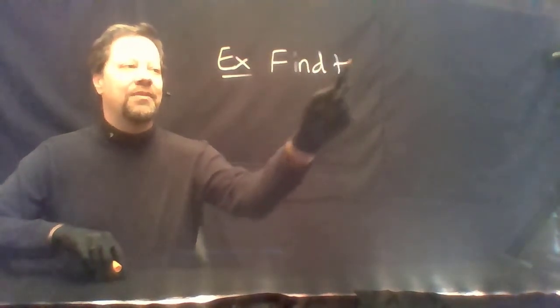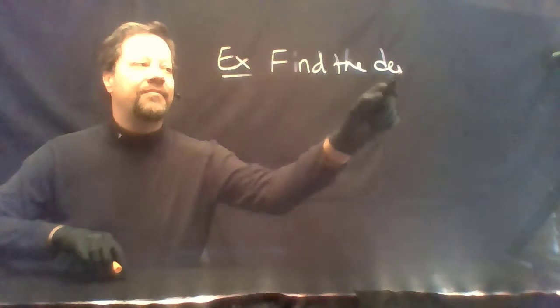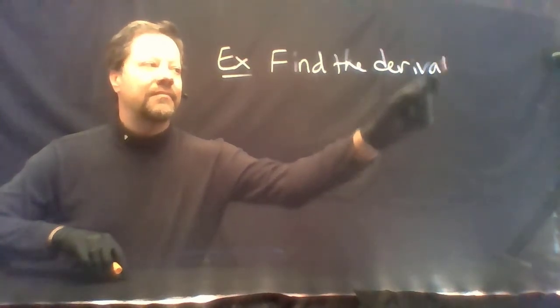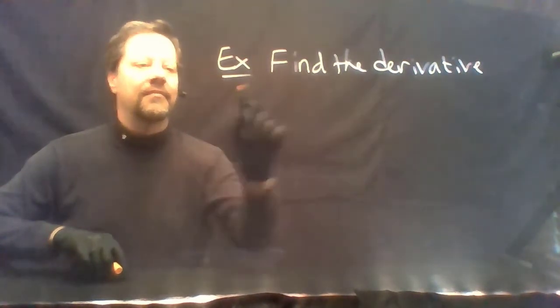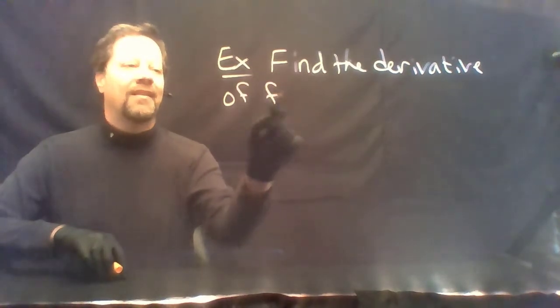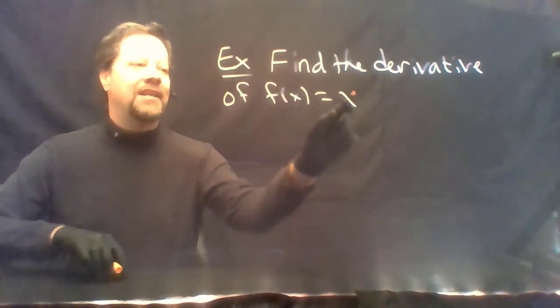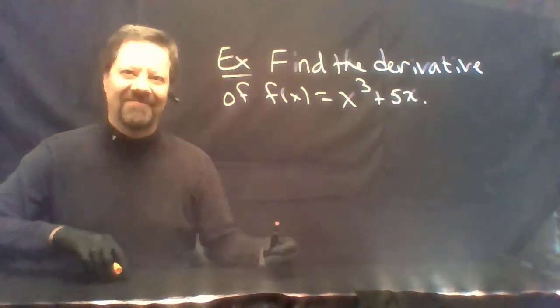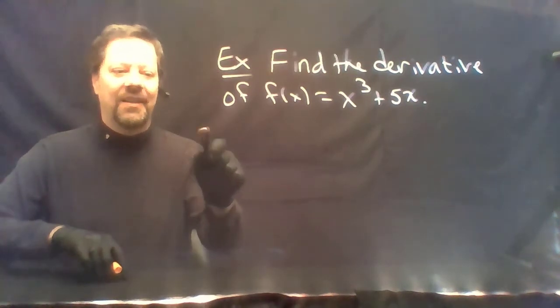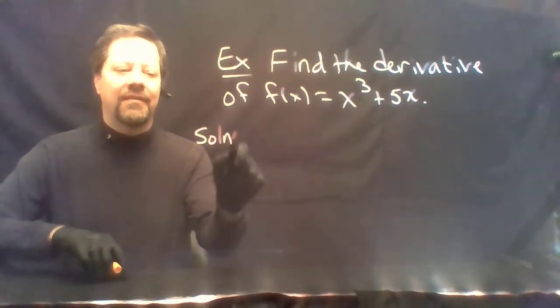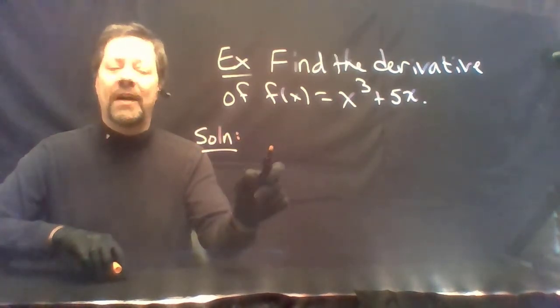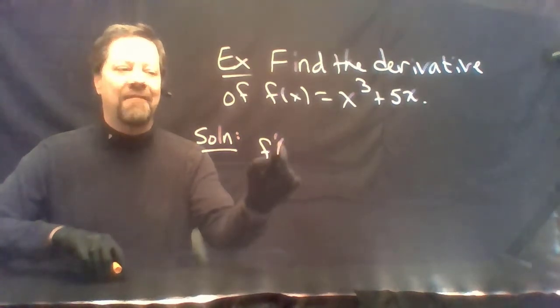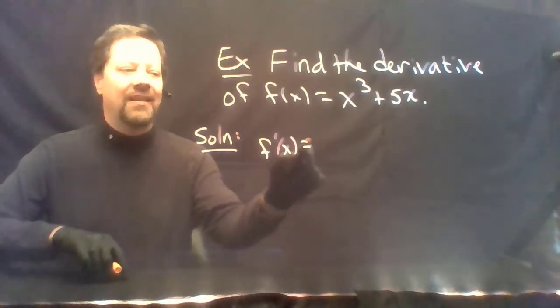I want to find the derivative of the function f of x equals x cubed plus, let's say, 5x. So, in our solution, the first thing we'll write is f prime of x equals.